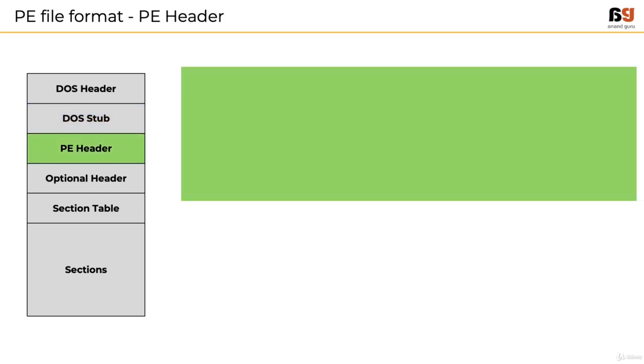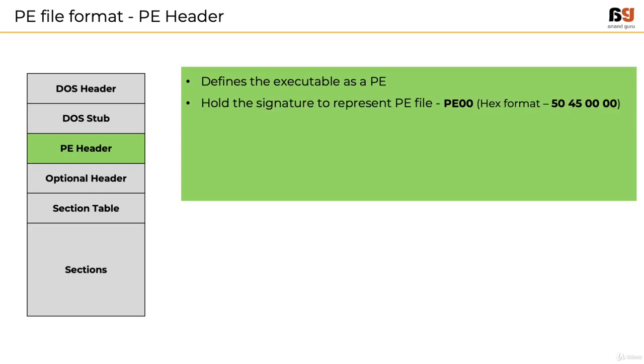After the DOS stub, we have the PE header. This is used to define the executable as a PE format. The signature to represent the PE file is PE00 in ASCII and 504500 in hexadecimal.